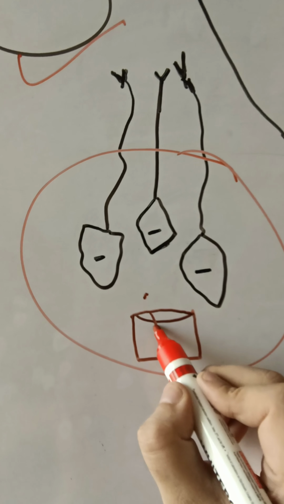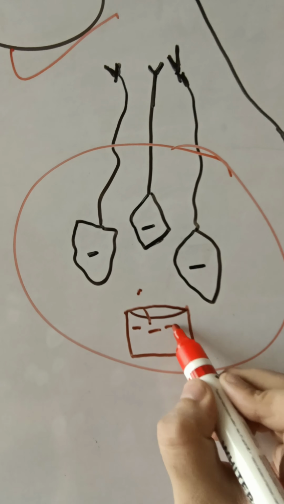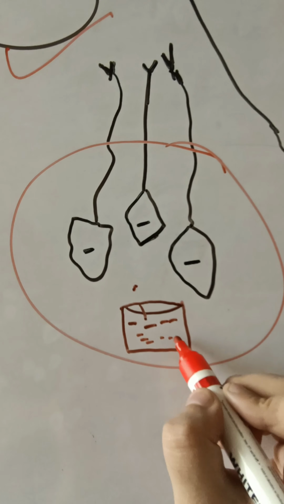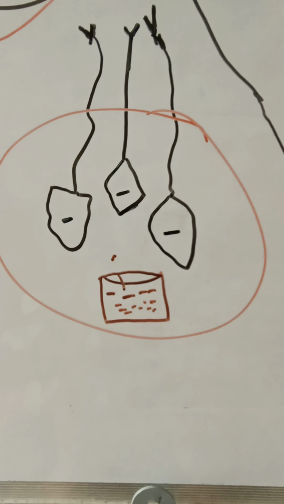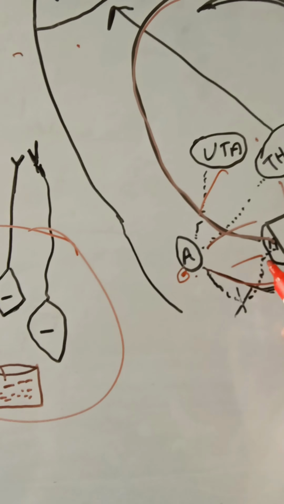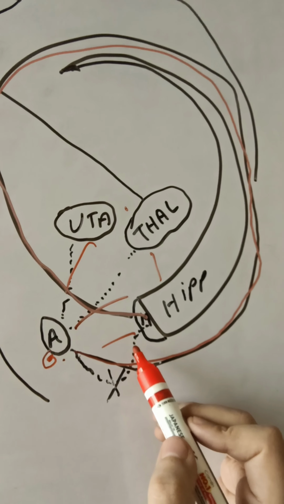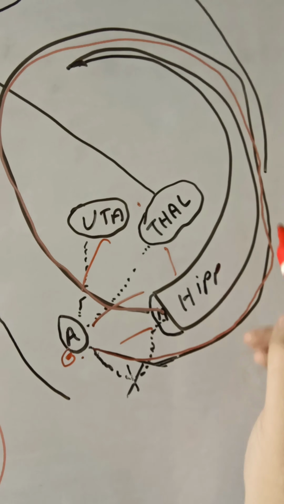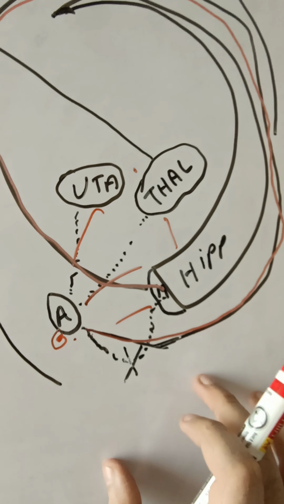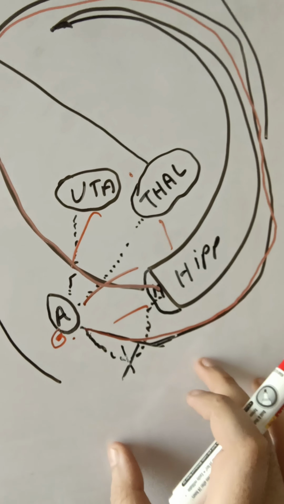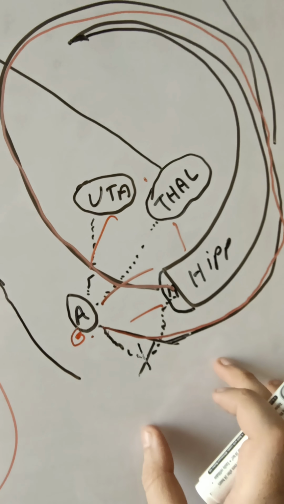When it enters this, more negativity is produced by these neurons. And the more of these red lines that I'm talking about, imagine how much negativity is going to be passed on to these brain regions. The stronger this communication gets, the more difficult it's going to get for you to come out of this.